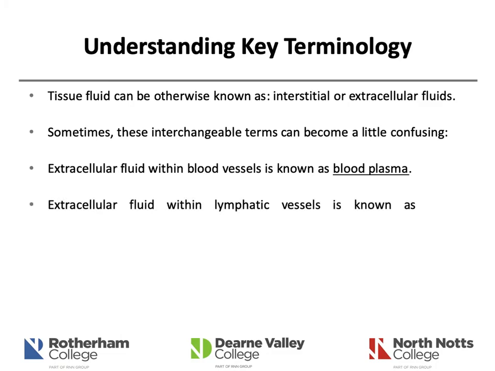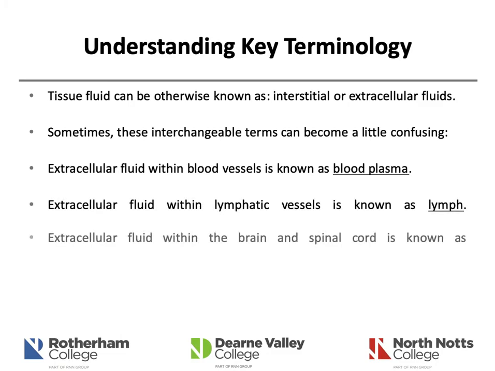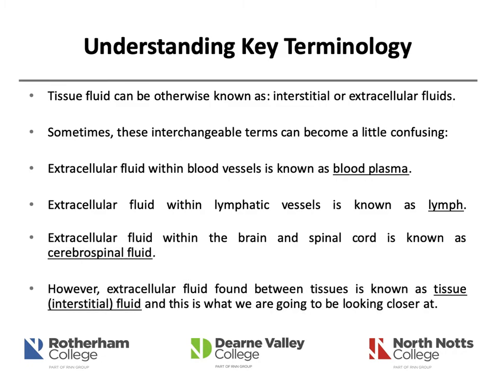Extracellular fluid within lymphatic vessels is known as lymph. Extracellular fluid within the brain and spinal cord is known as cerebrospinal fluid. But linking to what we want to look at today, the extracellular fluid that bathes cells and surrounds the cells in tissues is known as tissue or interstitial fluid, and this is what we'll be looking more closely at.